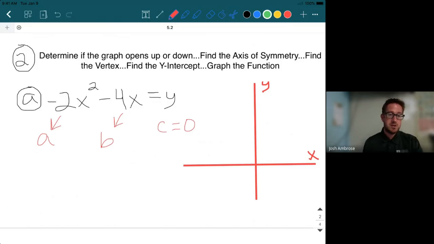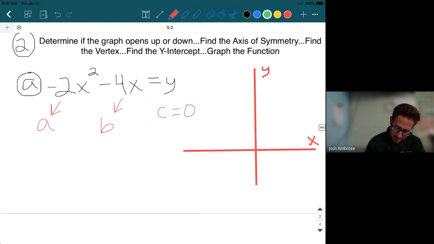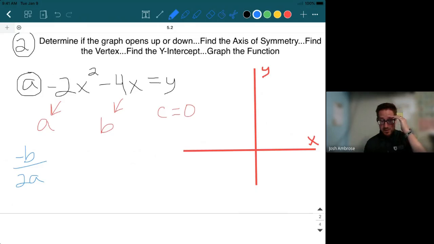Okay? So let's use the equation negative B over 2A. All right, so we have B. B in this case is already a negative 4. So if it's a negative 4 and in the equation it says negative B, what does that do?